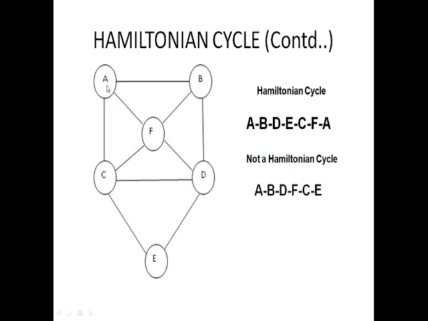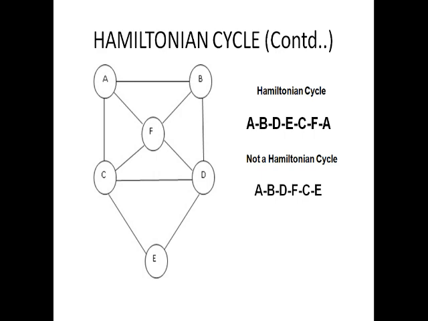A should be the starting node, and when that should be the ending node, we cannot visit that node A because we are in the position E. To reach A from E, we have to go through C or any other nodes which we have visited previously. So that is not a Hamiltonian cycle.